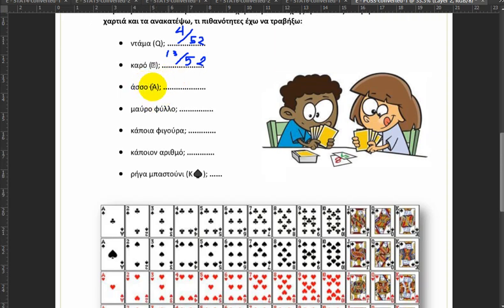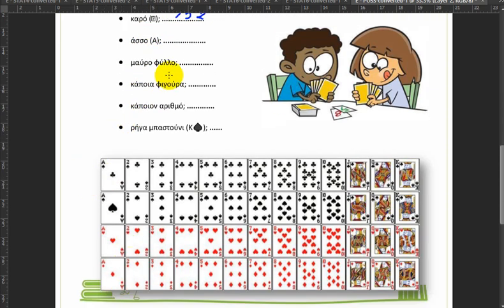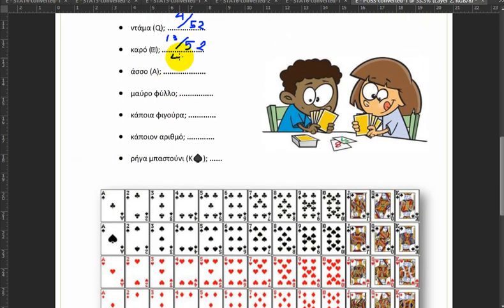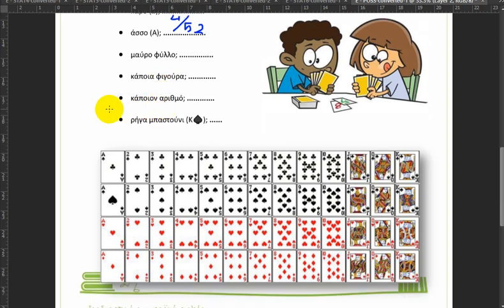What is the chance of getting an ace? Well, there are 4 aces in a deck, so 4 out of 52. The chance of getting a black card, so you can see here that there's 13 and 13, a total of 26 black cards. It's 26 out of 52 are black.